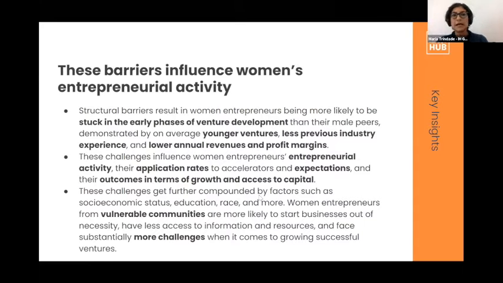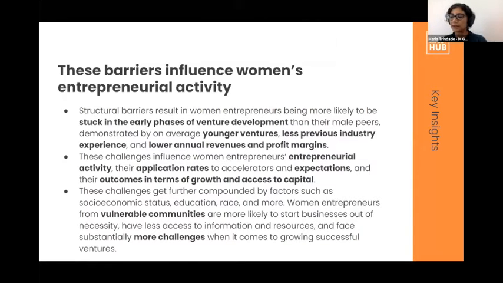The consequence of these barriers is that women are more likely to be stuck in the early-stage phases of business development. The evidence comes from their businesses being younger, having lower margins, lower annual revenue.